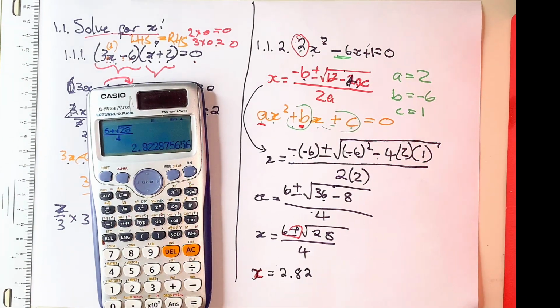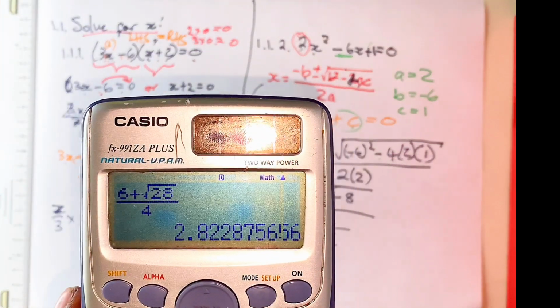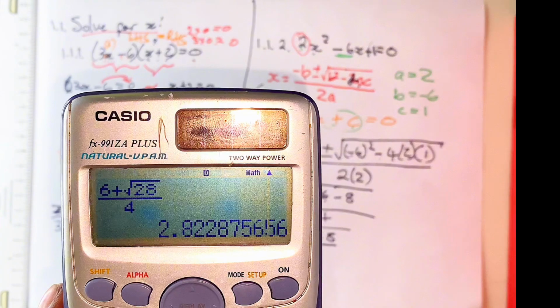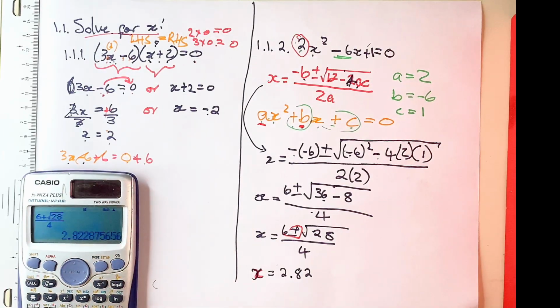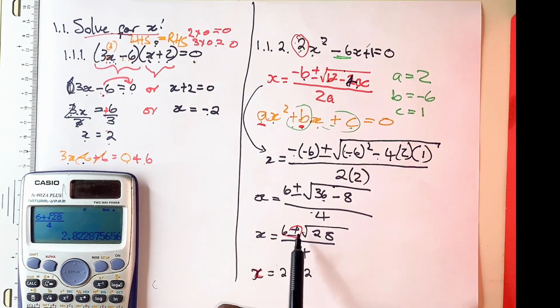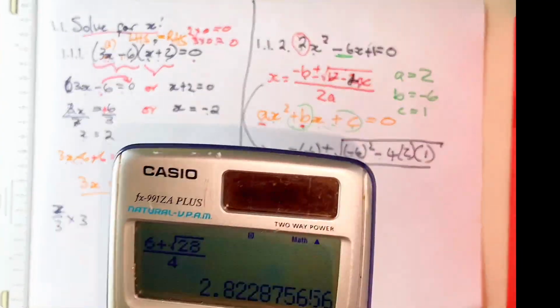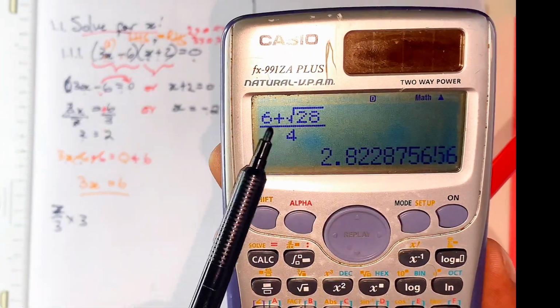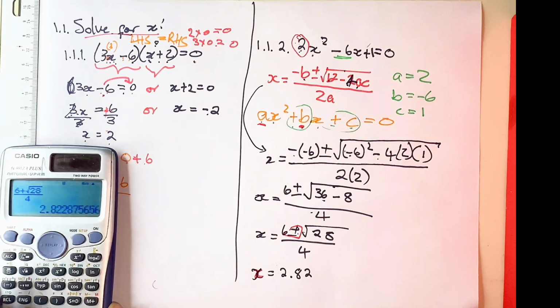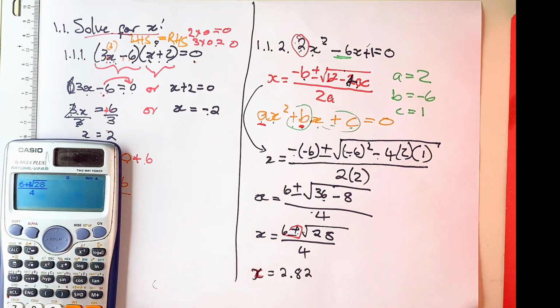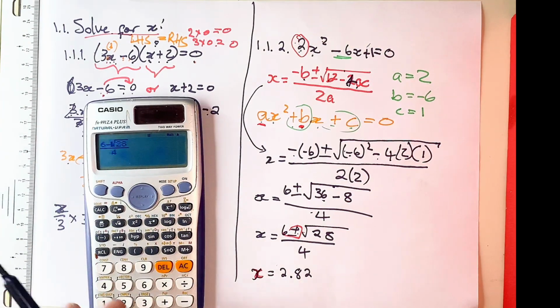2.82. They said correct to 2 decimal places. So we are not going to write that entire number. We are just going to write 2 decimal places. But it is not only positive. You see in our calculator here, we put positive. So we must also solve it for when it is negative.